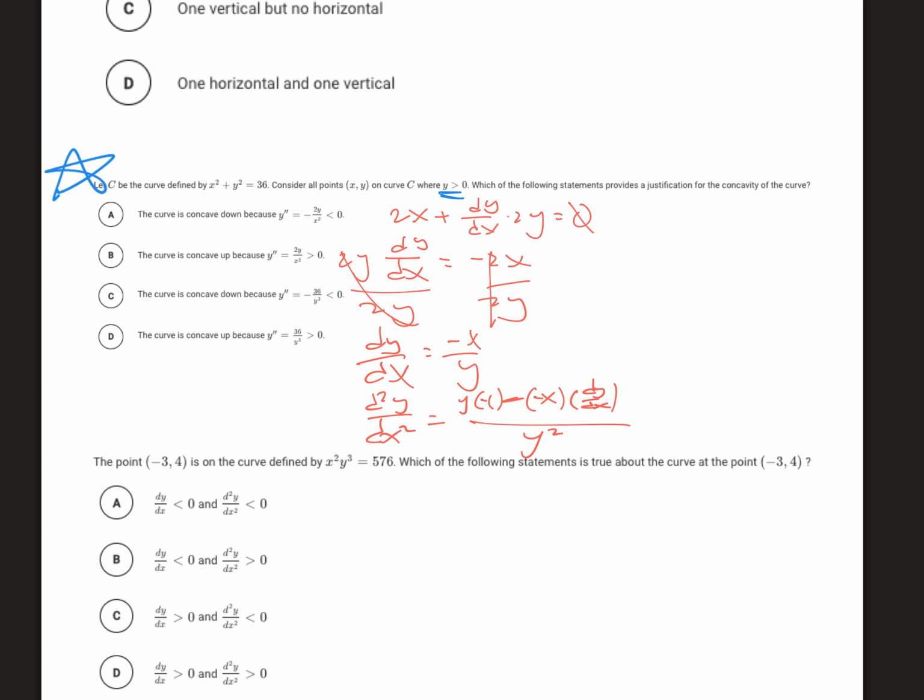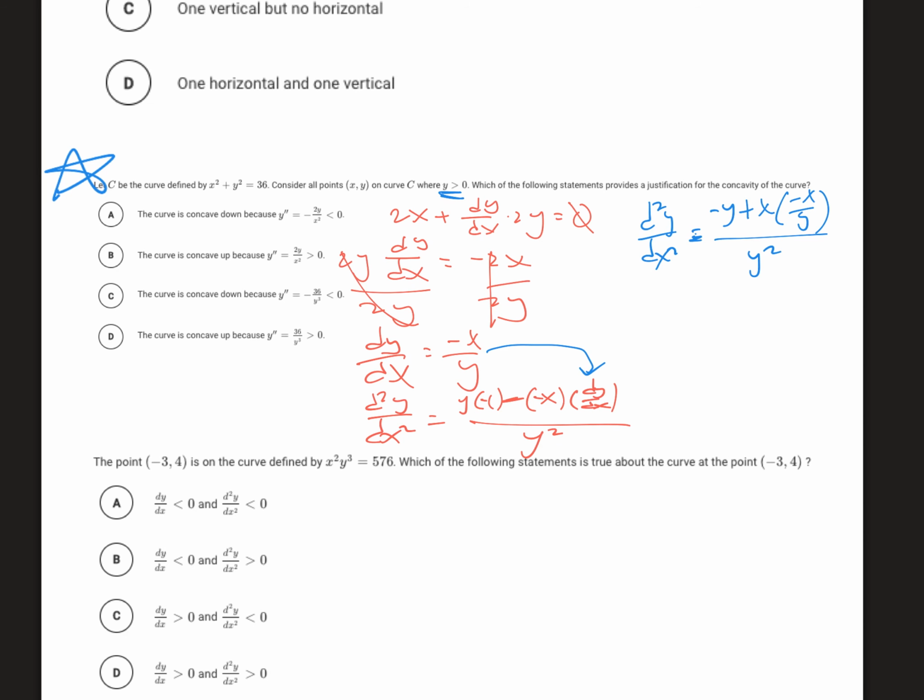We have to replace it, because we know what dy/dx is. We have to substitute dy/dx right back there. Okay? So let's write a simplified form. d squared y/dx squared equals negative y plus x times negative x over y all over y squared.